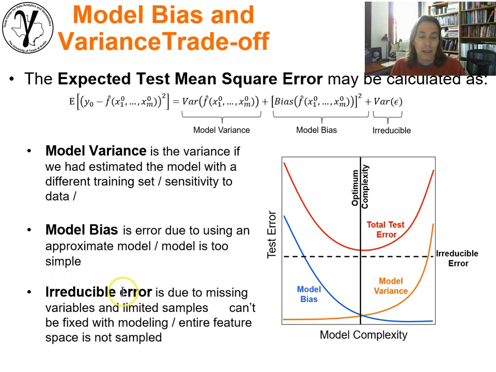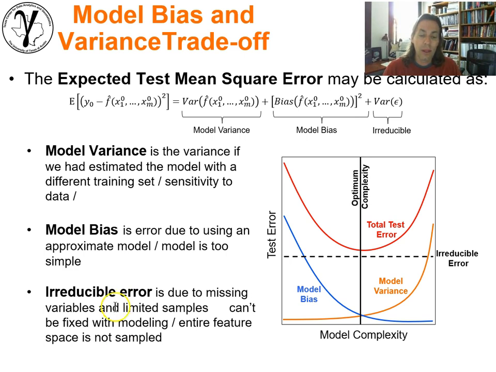Irreducible error is a form of error that we can never escape. With the data that we have available to us, we can't get rid of irreducible error. In fact, irreducible error is due to the fact that maybe we did not sample all of the features that we need, or maybe we sampled only a limited combination or range of the features that we need to work with. And so we have not completely sampled or understood the underlying phenomenon, and so this is an irreducible error.